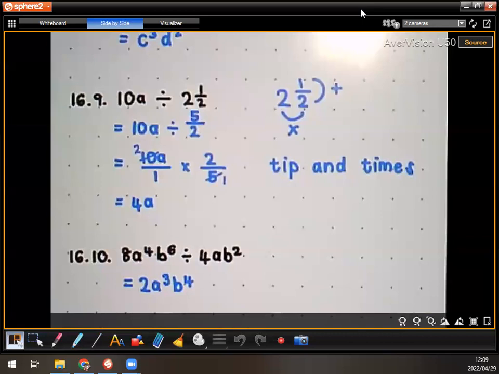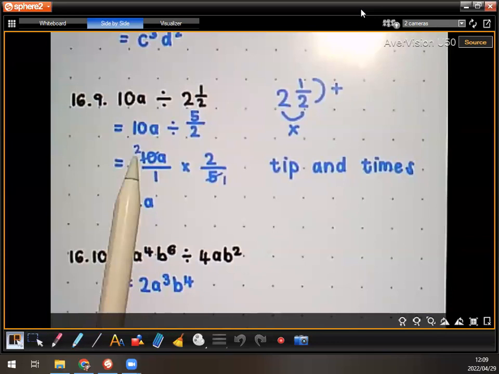Okay, then we are now dividing by a fraction. And this you also might have forgotten by now. But when you are dividing by a fraction, you have to swap and times. Does that sound familiar? Swap and times. Write it down next to it, please. Maybe you forgot. So instead of dividing by 5 over 2, we are multiplying by 2 over 5.